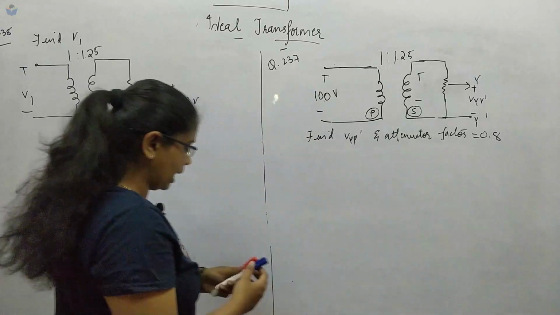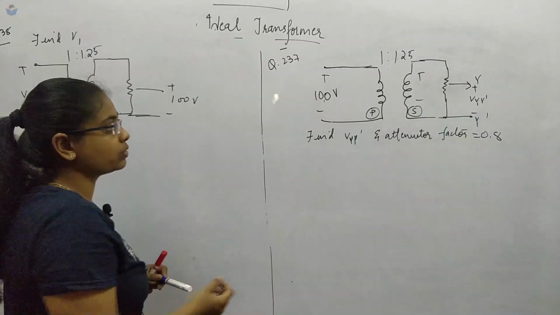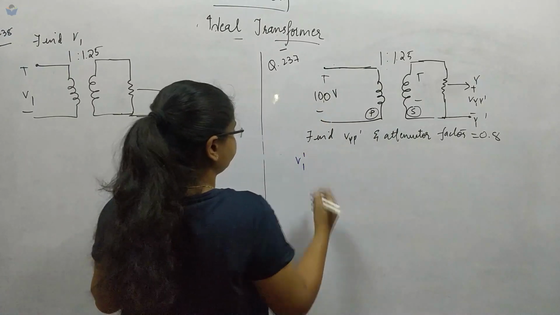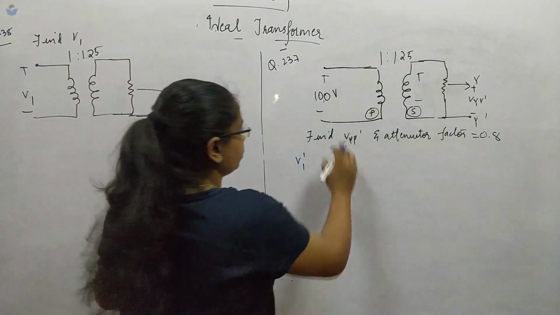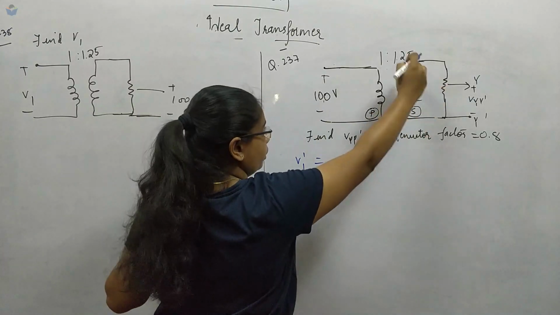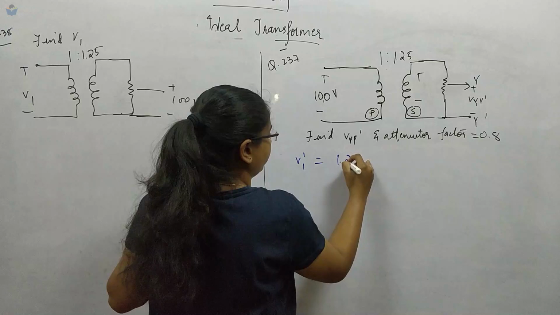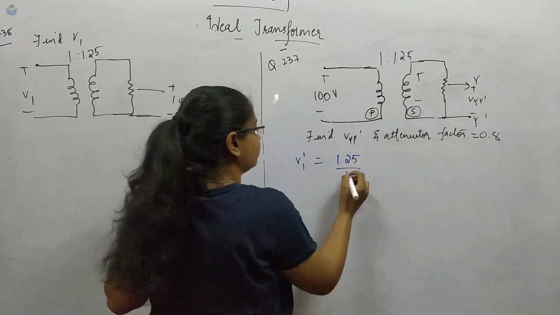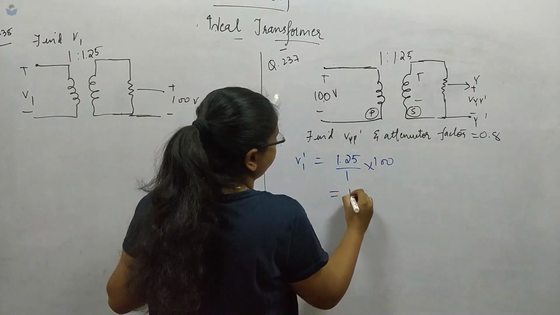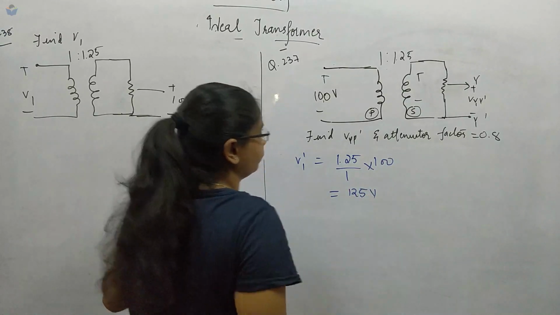To do that, we have referred the parameters from primary to secondary. We have here V1 dash, so this is referred to this one. How do we do it? The referring factor is 1.25 times the actual value, so we will get this as 125 volts.